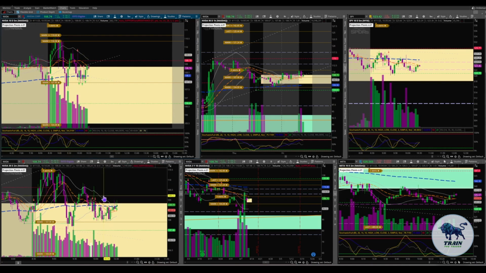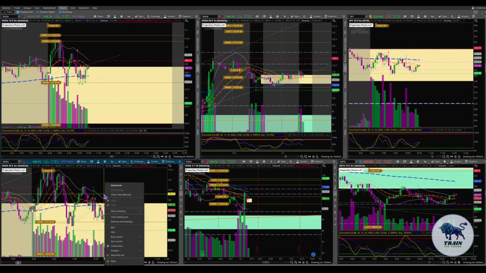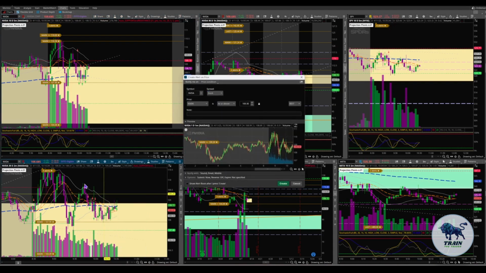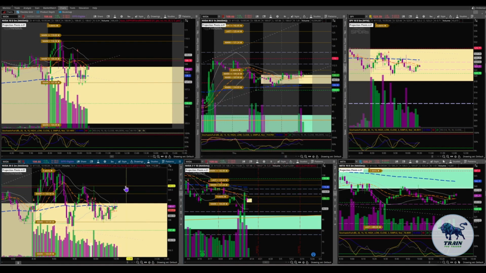And I'm going to make this alert. Let's see here. I'm going to put it right here, kind of that structure low, that neckline of this peak. Because if we can break this, now we have a chance to structurally build higher.